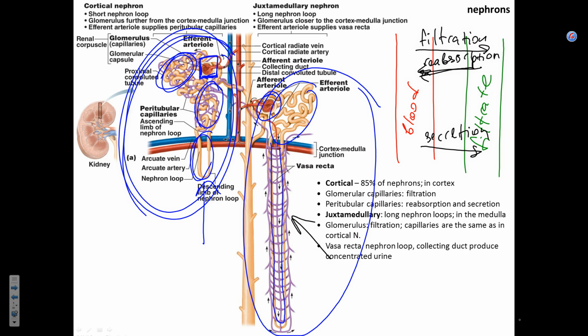Do you understand what I'm trying to tell you about the function? So again, cortical nephrons will produce filtrate. Essential chemicals will be reabsorbed from the filtrate. They will come back to the so-called peritubular capillaries, and then there may be secretion. So, for instance, do you have glucose in your blood? Or in your urine?